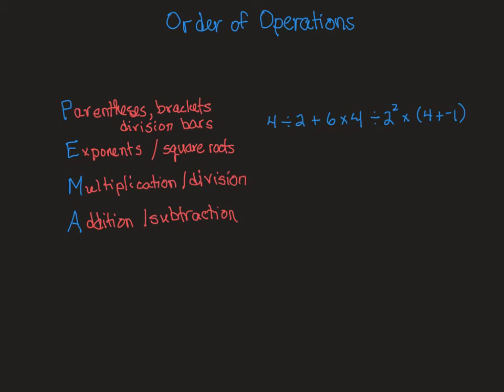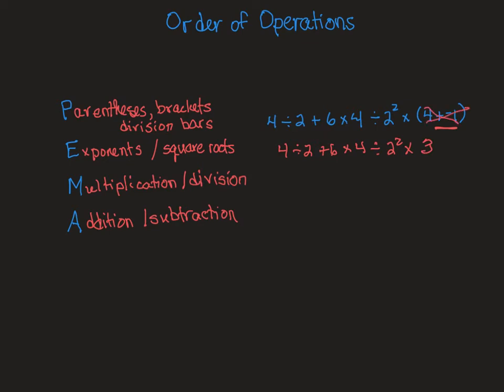The first thing I'm looking for is parentheses. Do I have parentheses? Yes, right here. So I'm going to rewrite my problem: 4 divided by 2 plus 6 times 4 divided by 2 to the second power times. Now 4 plus -1 is 3, and I'm done with that.